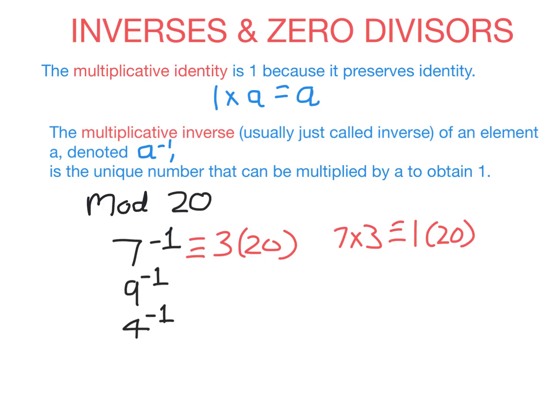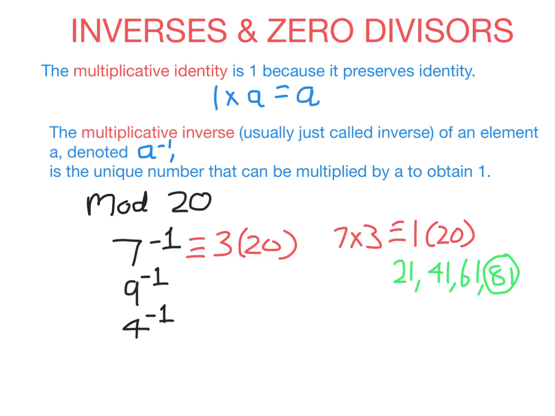So what about the inverse of 9 modulo 20? Well, let's look at numbers that are equivalent to 1 mod 20. So 21 is equivalent to 1 mod 20, as is 41, 61, 81. We can stop there because 81 is a multiple of 9. So what do you times by 9 to get 81?